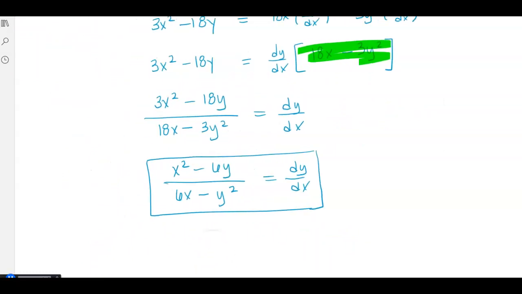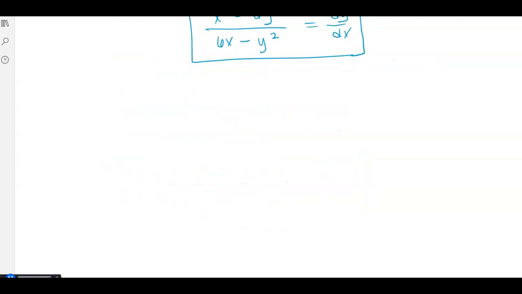Okay, let's look at a second example. Let's consider y squared equals x minus 1 over x plus 1.